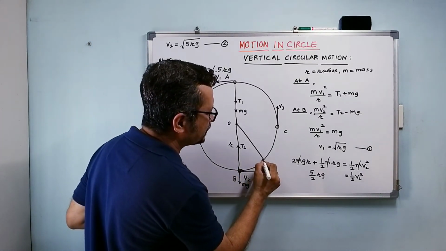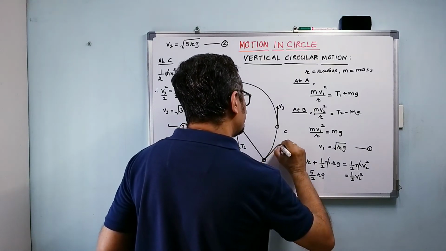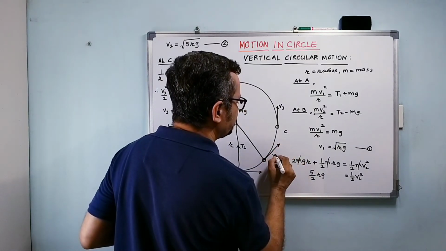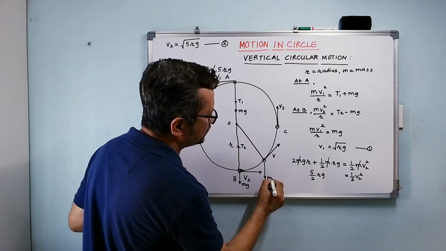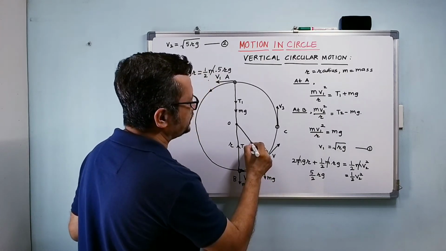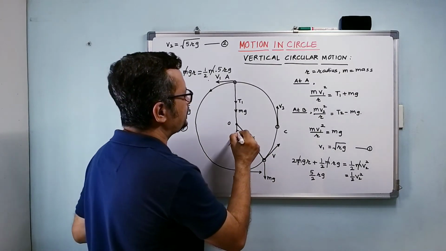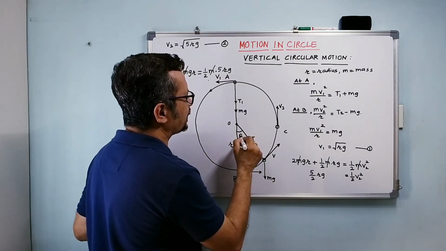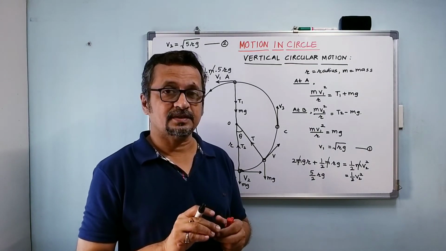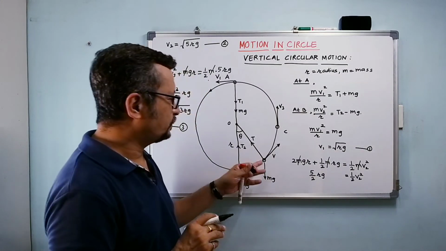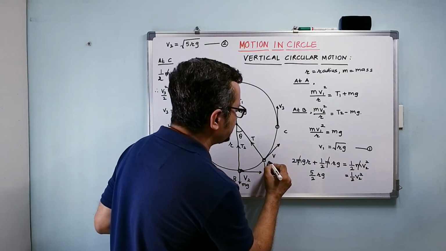Now here what we can do is, at this point the velocity is going to be tangential, we'll call it v. mg is going to be down and tension T would be in this direction, correct? And let this angle be theta, correct? Now this is one exercise for you to figure out what would be the expression for velocity at this point P.